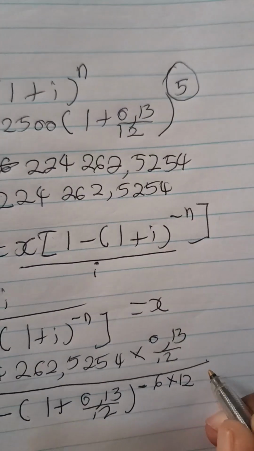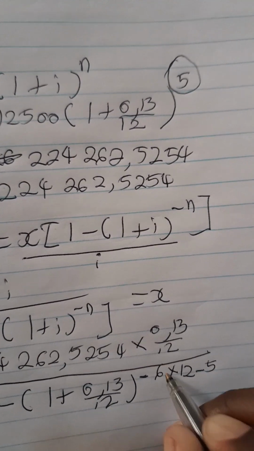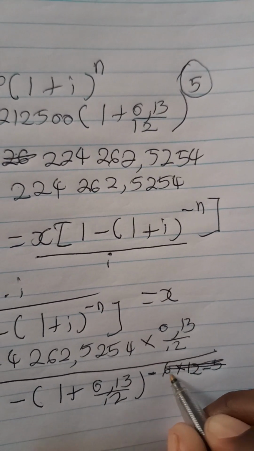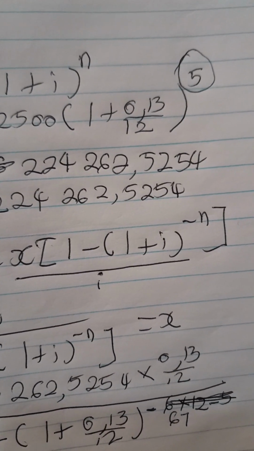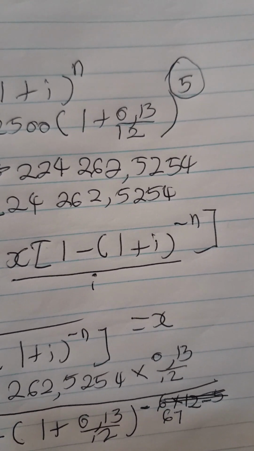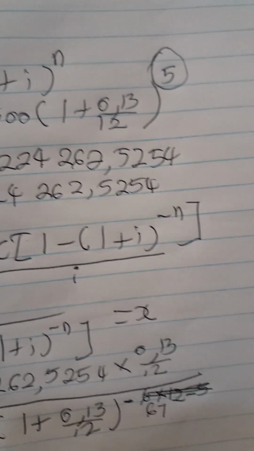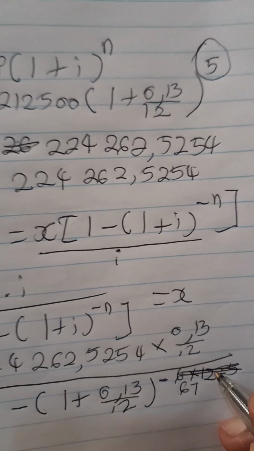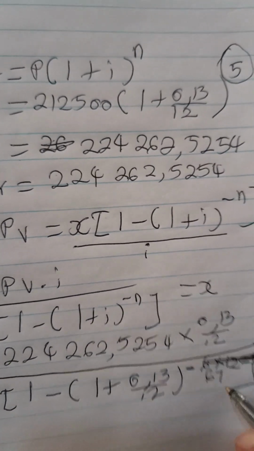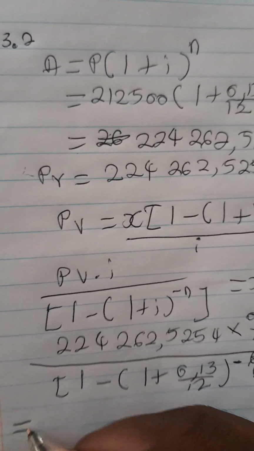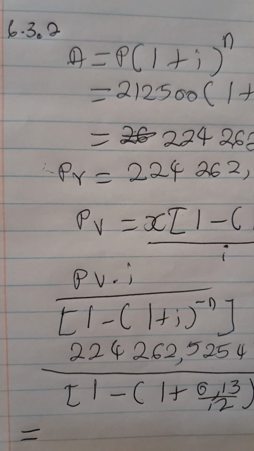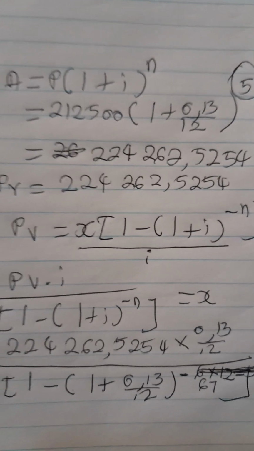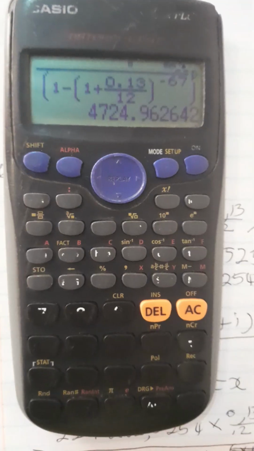In other words, 6 times 12 is 72, subtracted by 5 is 67. Then close the bracket. So without wasting time, let's calculate our X value. Let's put this into the calculator.